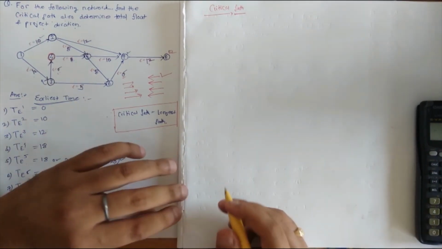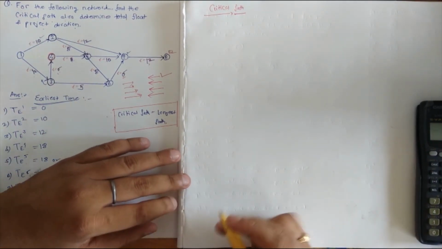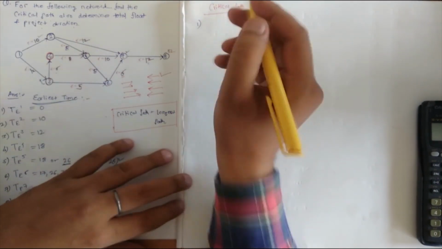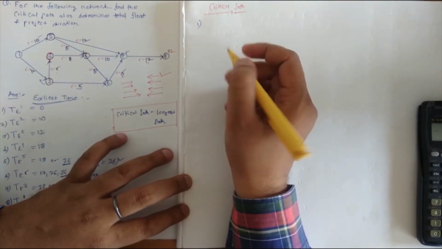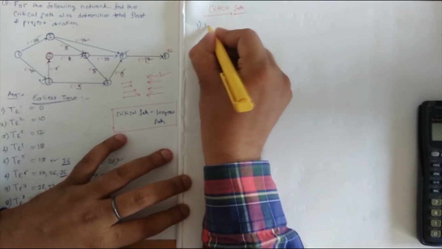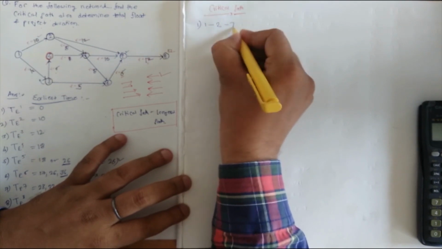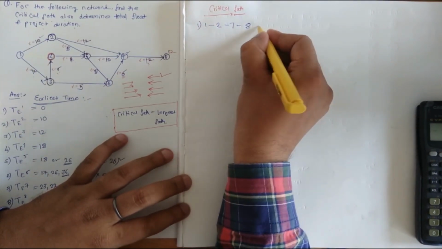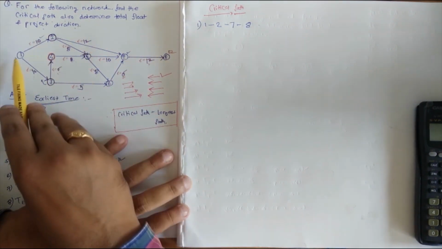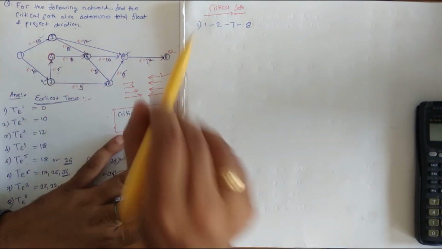So by keeping in mind this principle, now we'll try to calculate the maximum number of possible paths to complete the process. So 1, 2, 7 and 8. This is one of the paths to complete it.